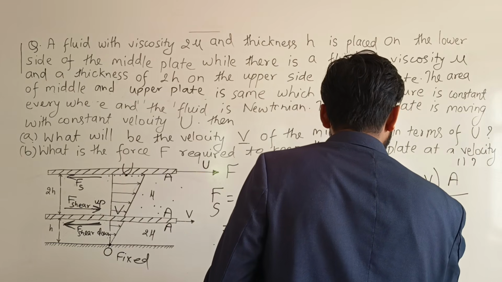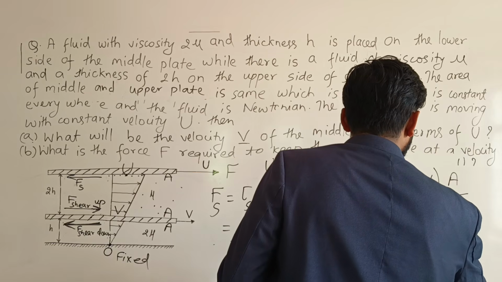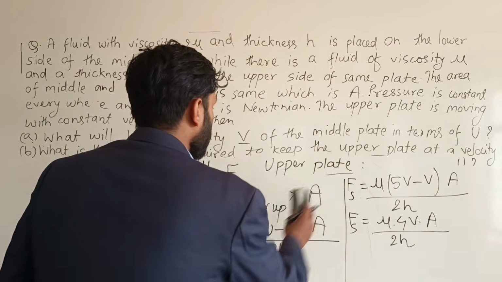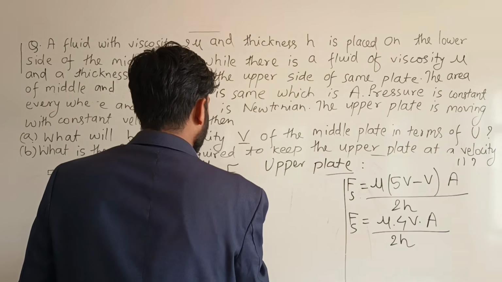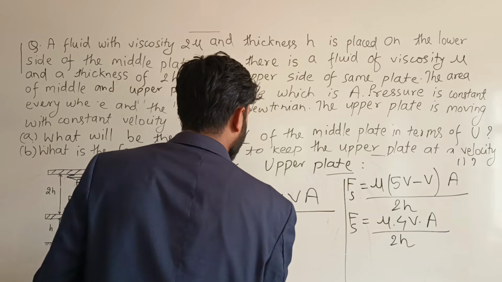You are going to get Fs is equal to mu 4v A divided by 2h, and finally Fs is equal to 2 mu v A divided by h.